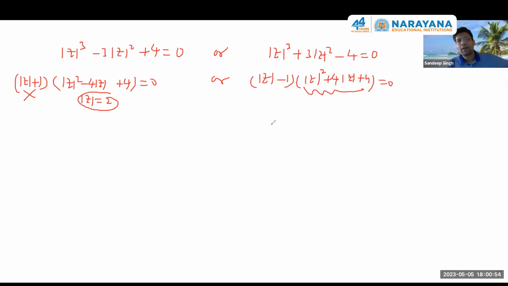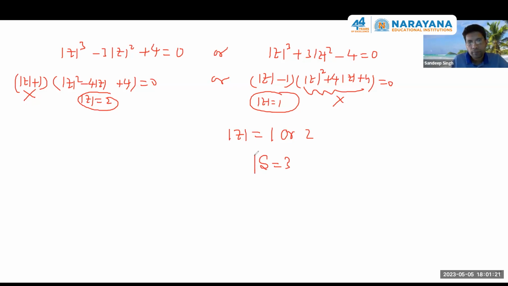Please keep on checking the calculation part. So from here also, mod z is a positive number. So this can never be 0, but this could be 0. So that is why in the problem he has asked what are the possible values of mod z and the sum of those values. So this could be either 1 or 2, and hence the sum will be 3. Is it clear?